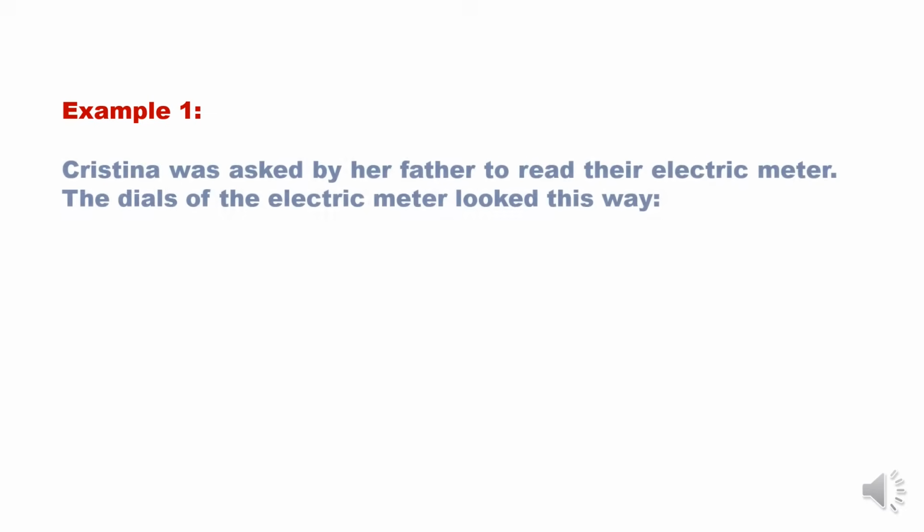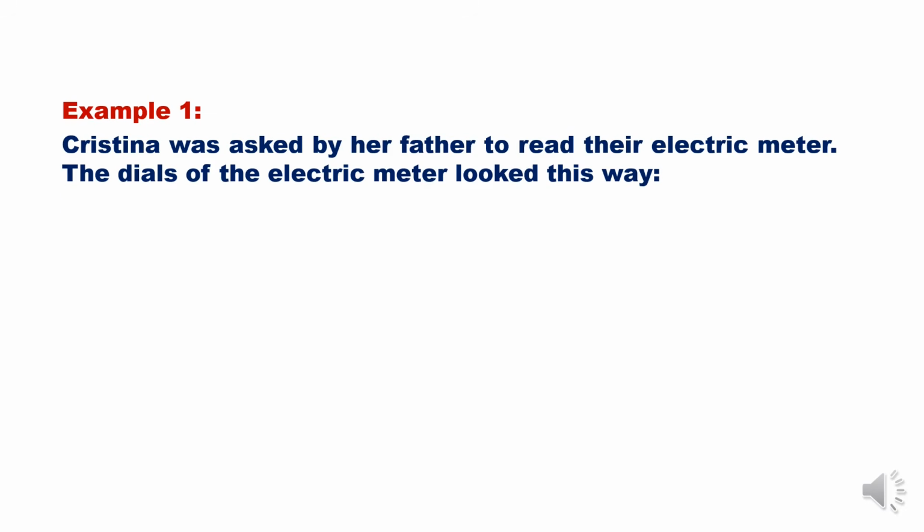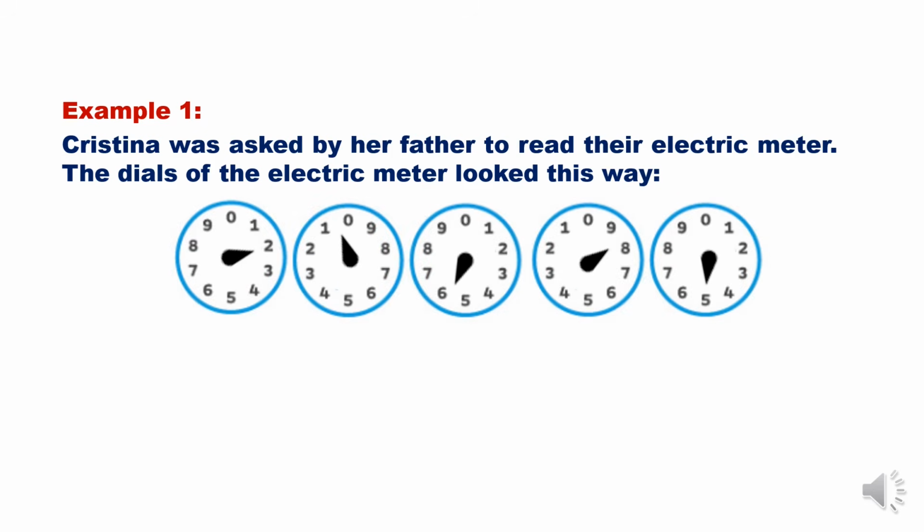Example 1. Christina was asked by her father to read their electric meter. The dials of the electric meter look like this. So the first dial is 5. The second dial is between 8 and 9, so that is 8.